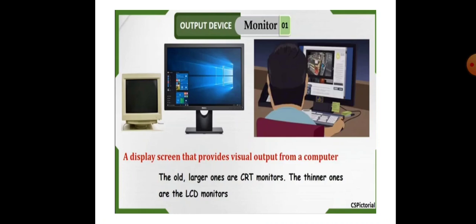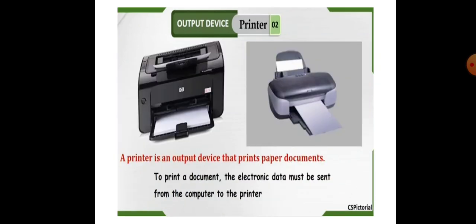Now some of the output devices: monitor, it is also called the visual display unit or VDU. It is also known as a display screen that provides visual output from a computer. Printer, a printer is an output device that prints paper documents.